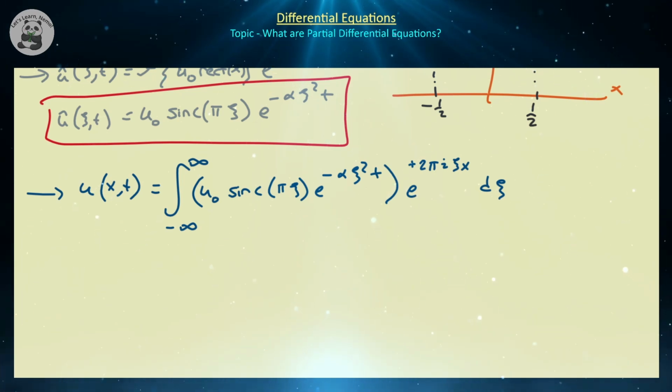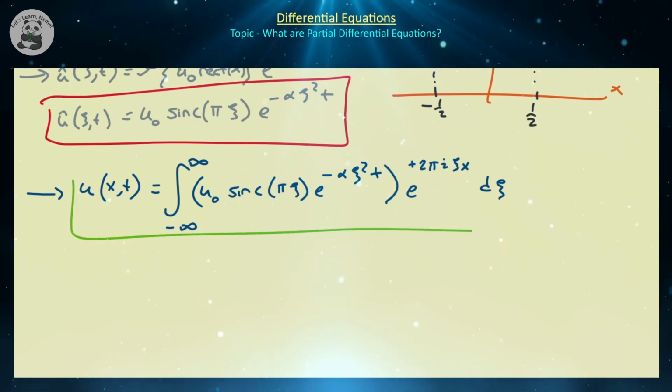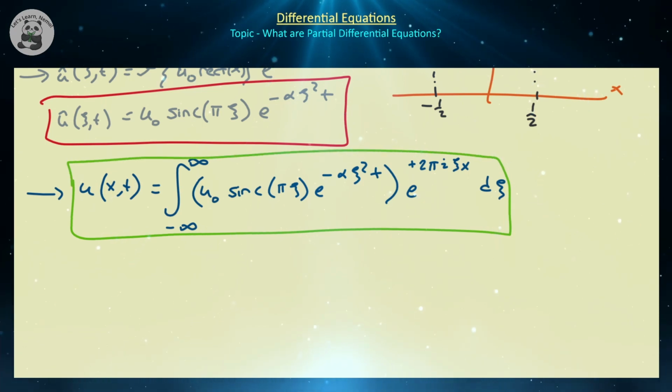Right? And that would be the integral representation for the solution to your heat equation with that prescribed rectangular initial condition and no boundary conditions imposed on this particular problem.